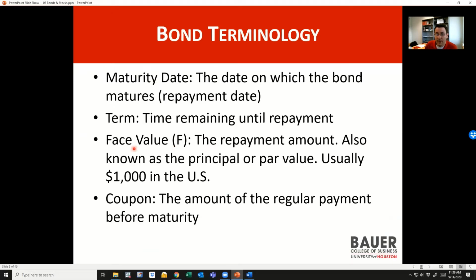The face value is F, the principal repayment. It's usually a lump sum that occurs at the very end of the life of the bond. Typically, it's $1,000 in the US. It doesn't have to be 1,000, but that's the convention here. And we talked about coupons. These are those regular payments that you're getting before the maturity of the bond.